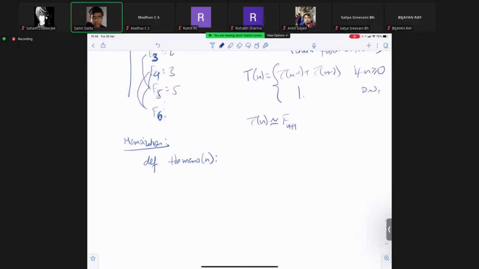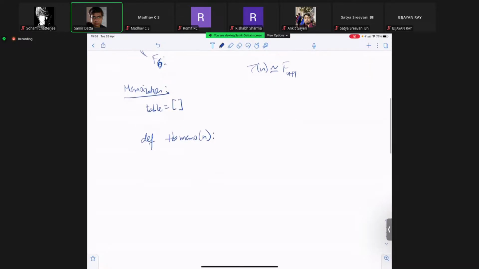Firstly, you would create a table in which you would store the values. Table is equal to empty. Let's do it in a list, correct?